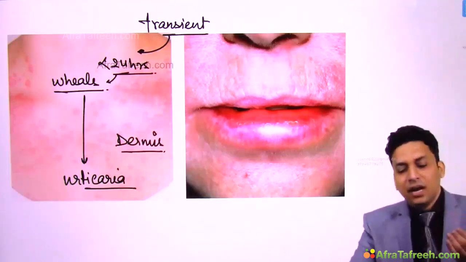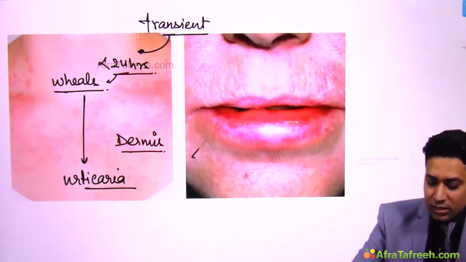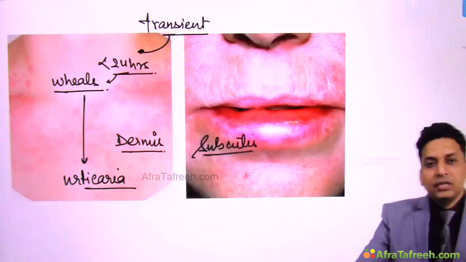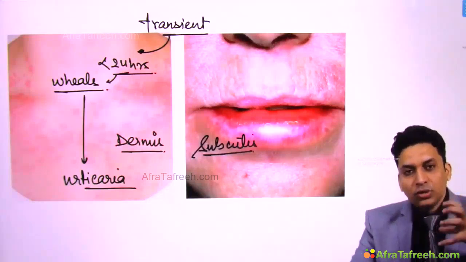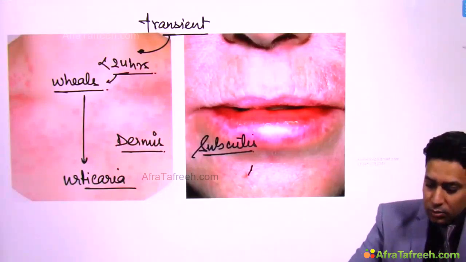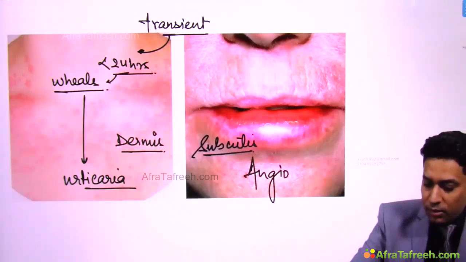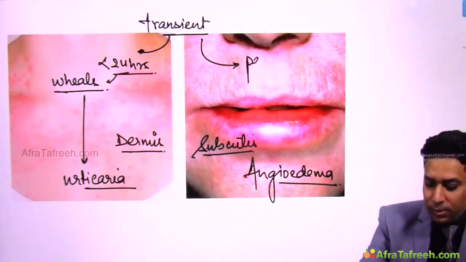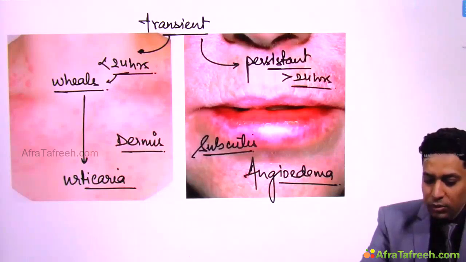But if the same thing occurs in the subcutaneous layer, that is accumulation of fluid in the subcutaneous layer, what happens, the swelling is more severe and this leads to angioedema. Angioedema is not transient, it is persistent, and generally it stays for more than 24 hours.